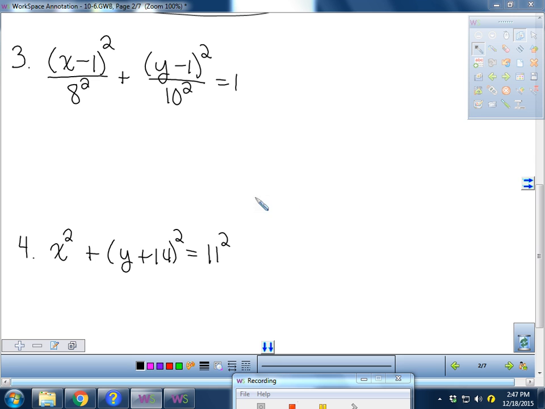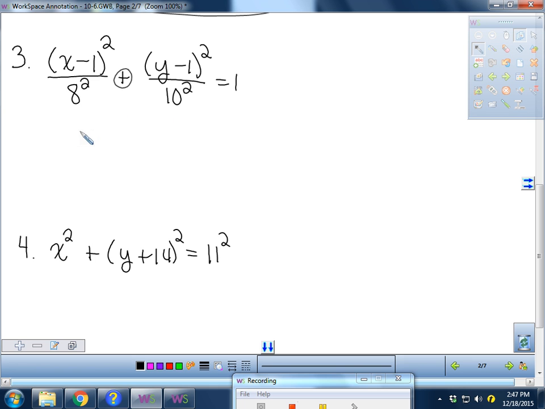Number 3, I see that x is squared and I see that y is squared. So that means it's not a parabola. I notice that I have a plus sign in between. So that's going to narrow it down to either a circle or an ellipse. The only difference between those is the denominators. Alright, so since I have two different denominators, an 8 squared and a 10 squared, by the way, this will probably just say 64 and this will say 100. Either way, it shows you they're different.